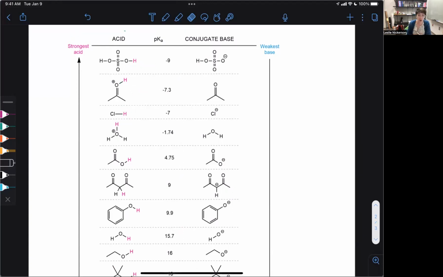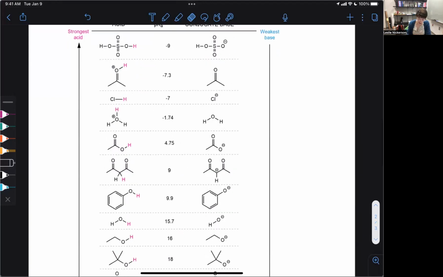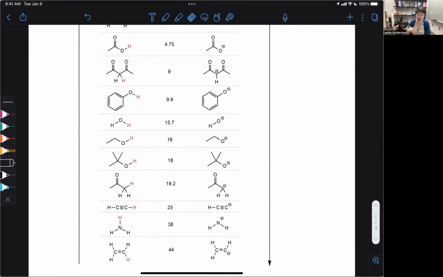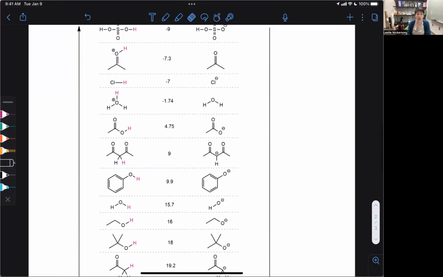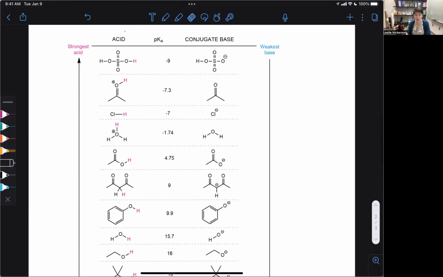Okay, so using this pKa table, you can see it's fairly limited, right? We don't have everything on here, but one of the things that's important to note is that we have a lot of functional groups on here. If we look through this, we've got a couple of the strong acids like sulfuric acid, HCl. We've got protonated water, so we have those options.